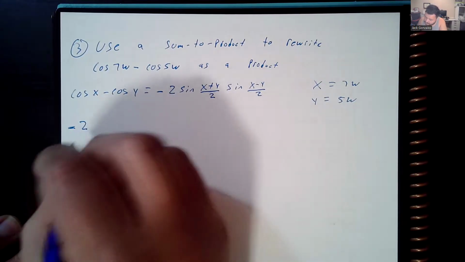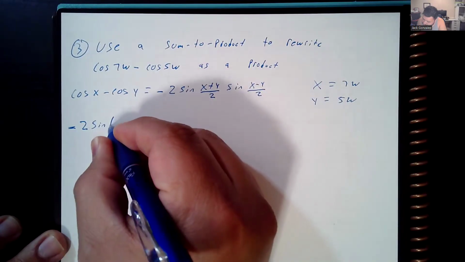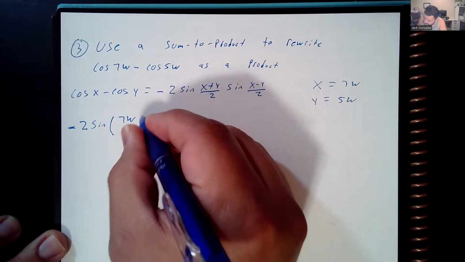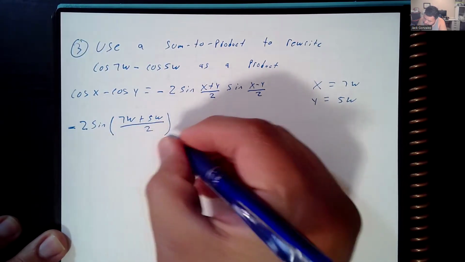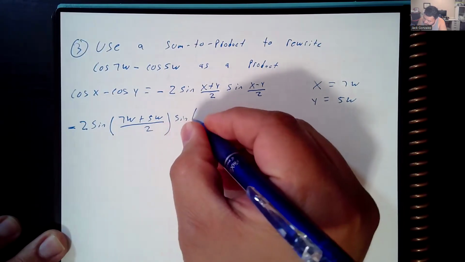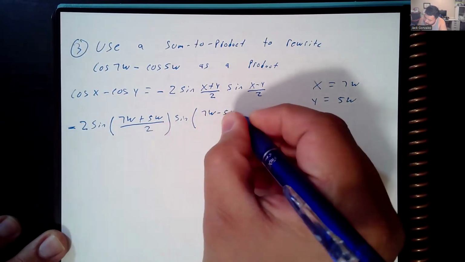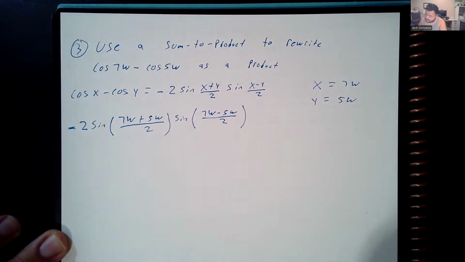So my x is going to be right here. So negative sine of 7w is the x plus 5w is the y, over 2, sine of 7w minus 5w over 2. There we go.